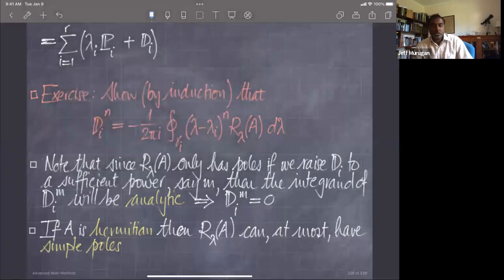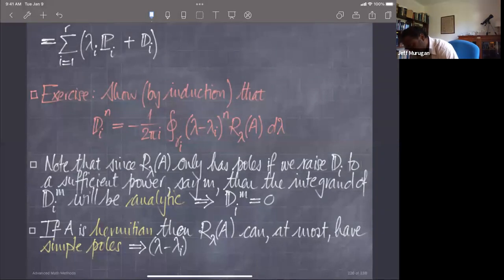Well, simple poles means lambda minus lambda I is going to have power 1, which means that as a consequence, all I have to do is raise di to the power 1, or rather that lambda minus lambda I times the resolvent of A is analytic.